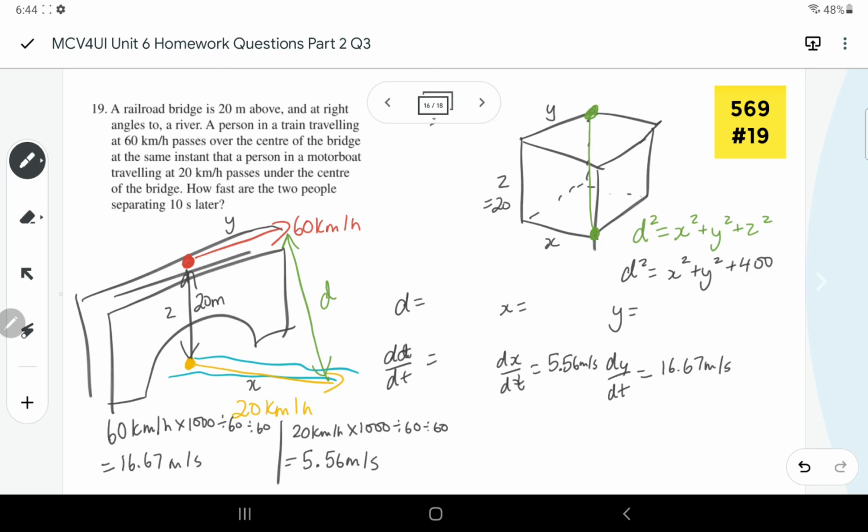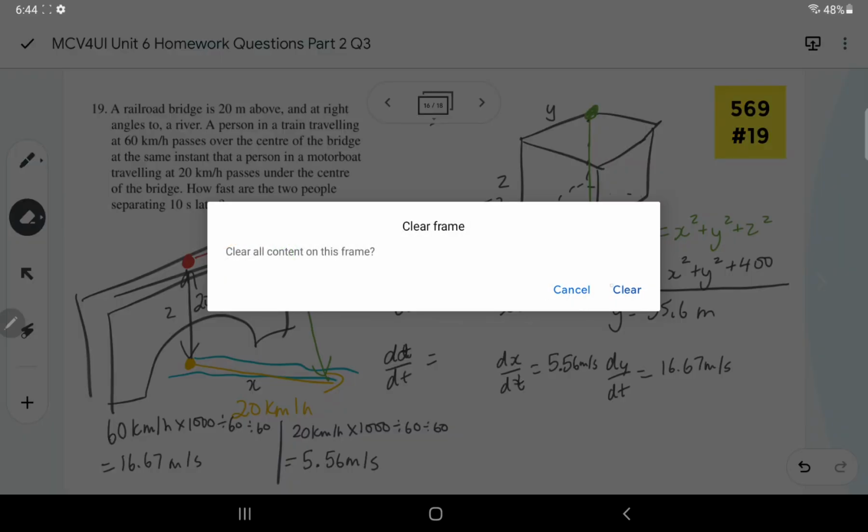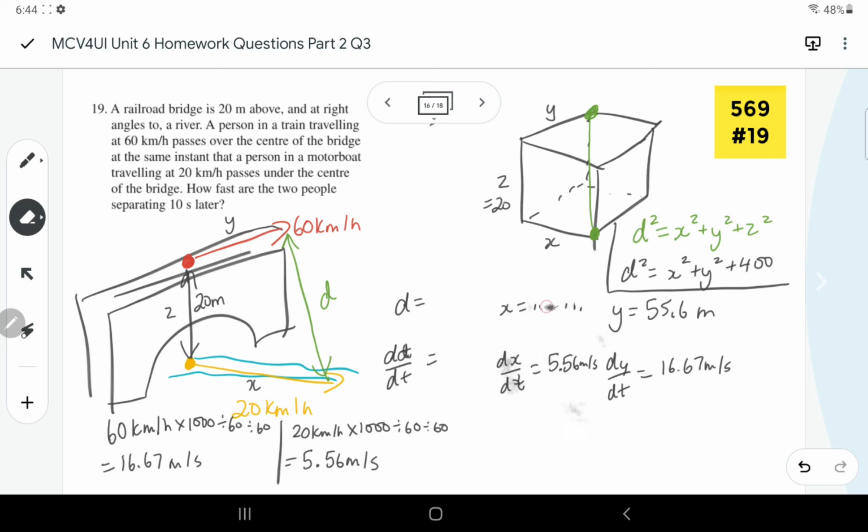We can figure out how far the boat and the train respectively have gone in 10 seconds just by multiplying their speeds times 10. So the distance that the boat would have gone will be 55.6 meters, and the distance that the train would have gone would be 166.7 meters. Do not delete that. So that x is 166.7.